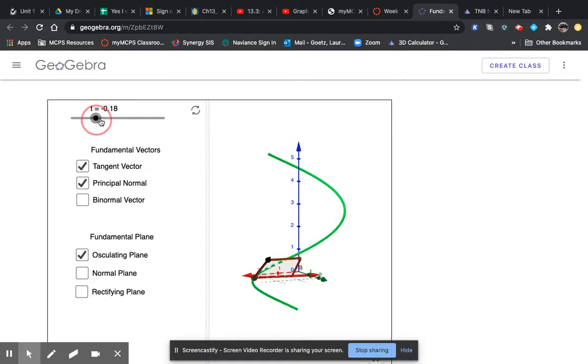Do you see how it flips and moves? Sometimes it's steep, sometimes it's more flat. But as I try to picture that movement, the binormal vector is the one that really lets me see exactly what that plane is doing.